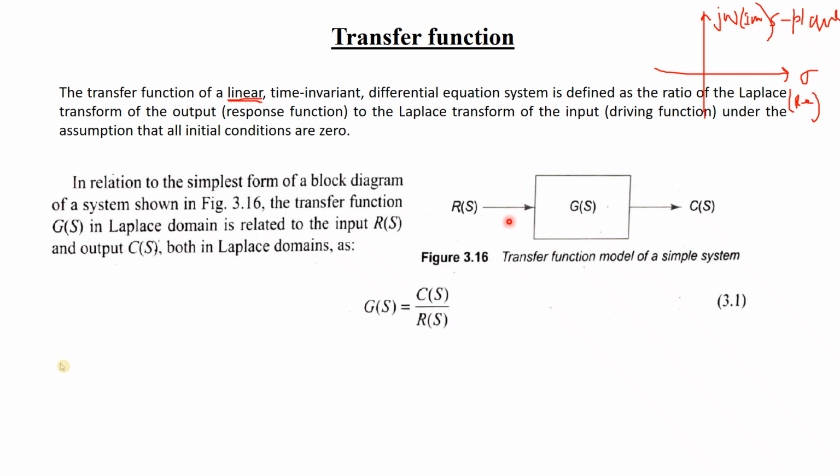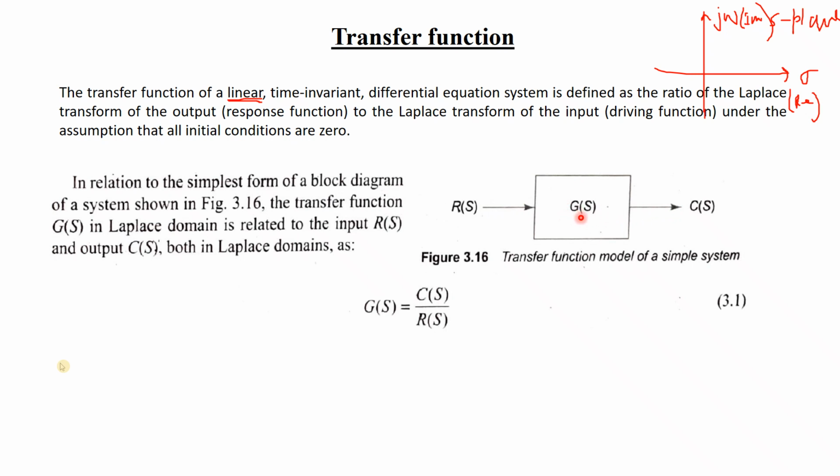So this is the thumb rule: whenever you have a block like this, every block in a control system will be represented by some parameter in S domain, number one. Number two, it will have some input signal and output signal, both in S domain.